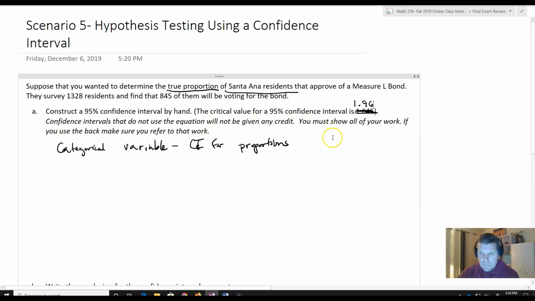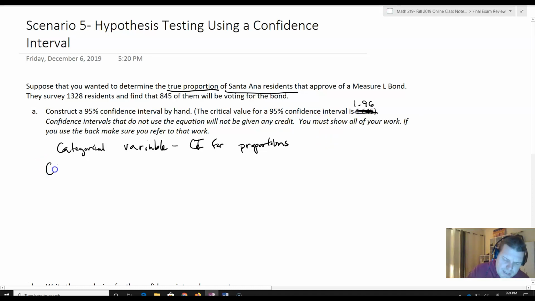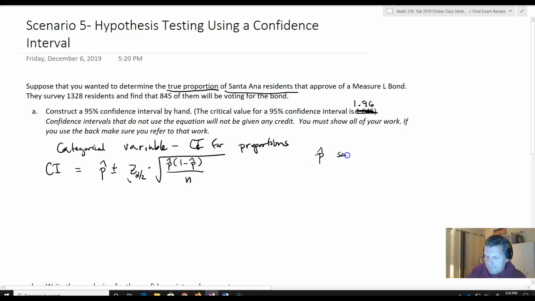And what we should see is we're going to utilize our equation for the confidence interval. So our CI, our confidence interval, is going to equal p hat plus or minus z alpha over 2 times the square root of p hat times 1 minus p hat over n. P hat is the sample proportion. And the critical value, in this case, is 1.96.